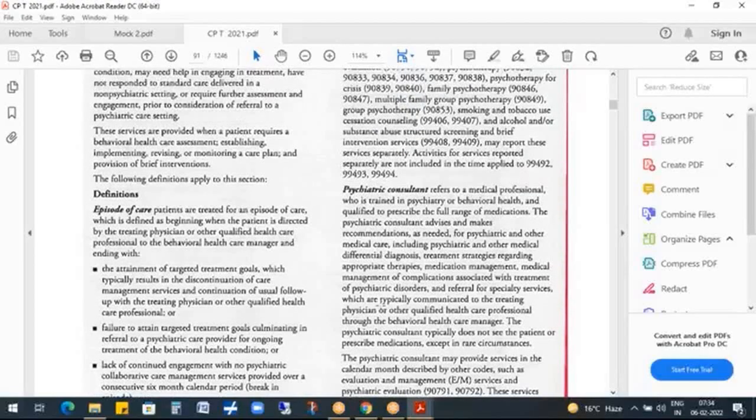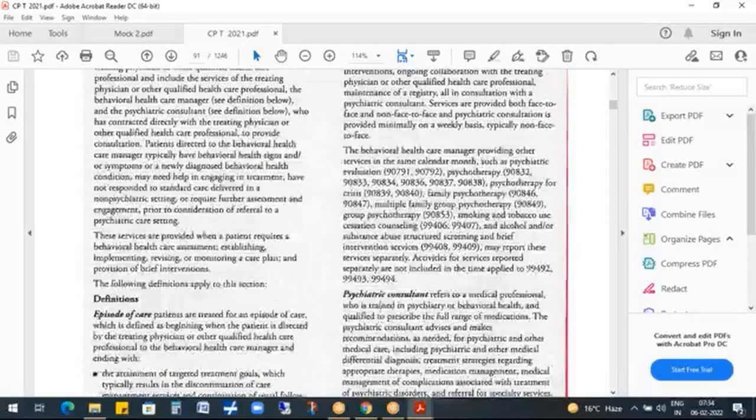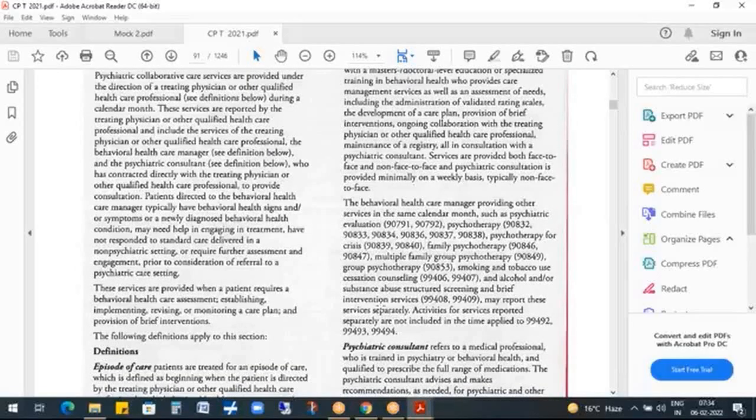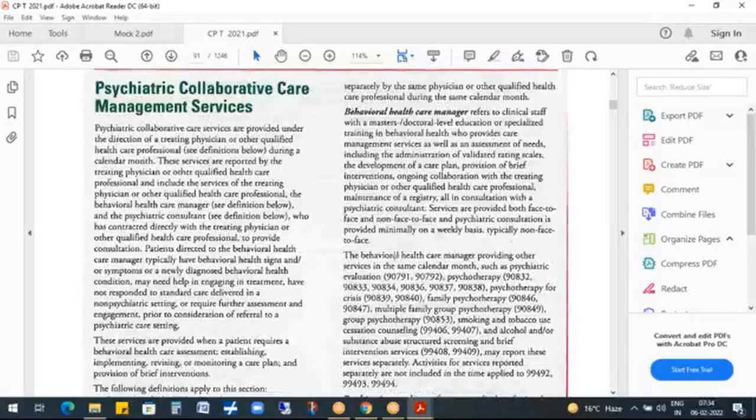So I thought it is a subsequent visit. Yes, but in the same calendar month or not, I'm just checking for you the proper way.